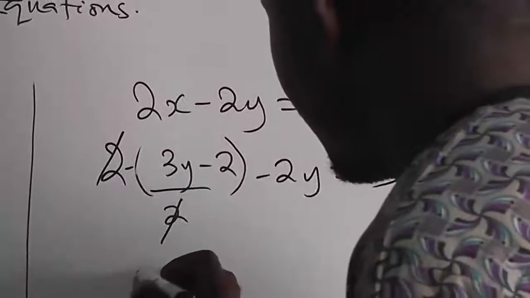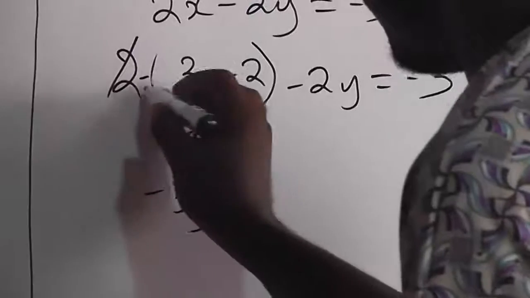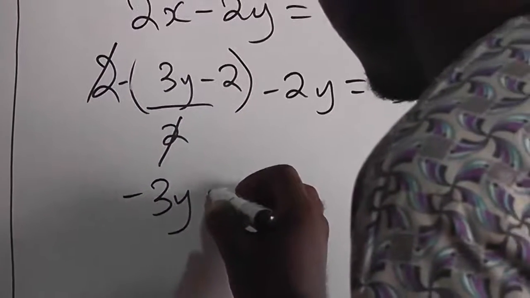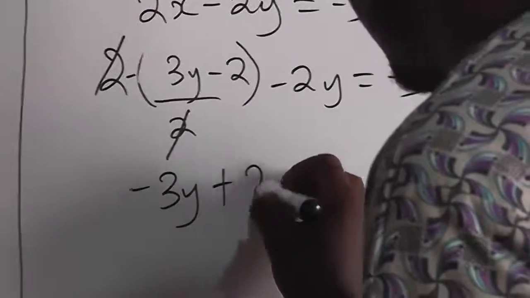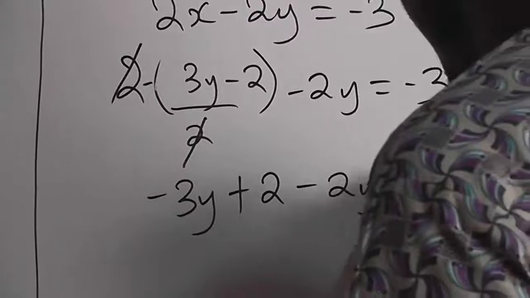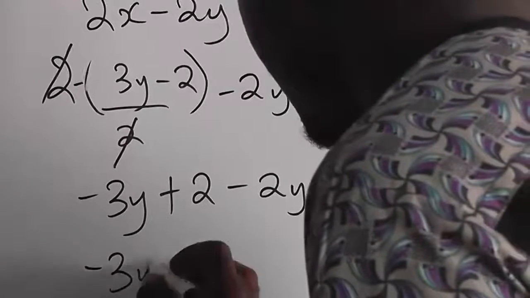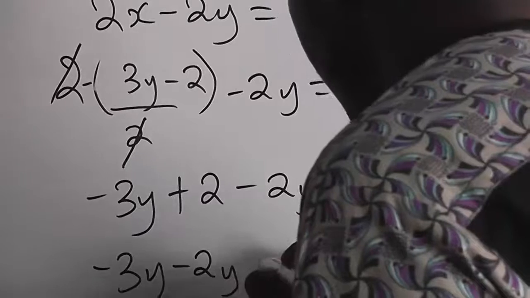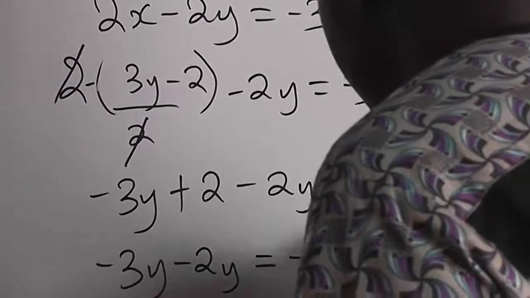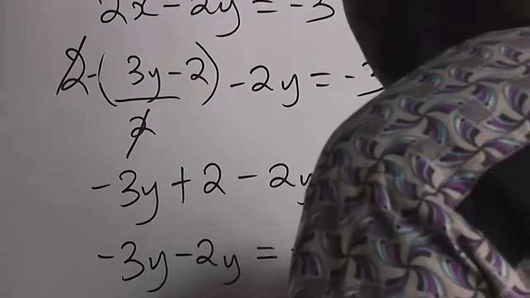And then we have minus 3y, minus times minus will give us plus 2, minus 2y is equal to minus 3. So if we collect like terms, we have minus 3y minus 2y is equal to minus 3 minus 2.